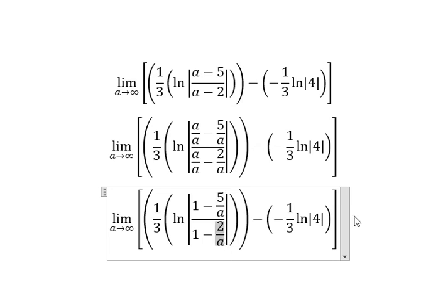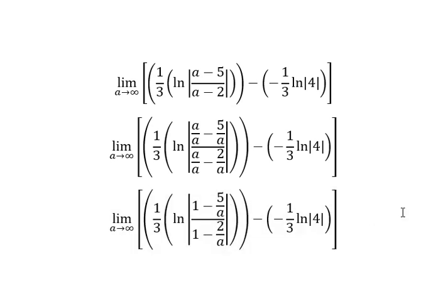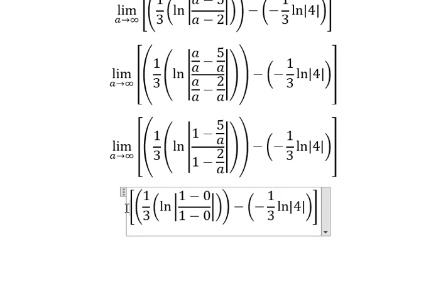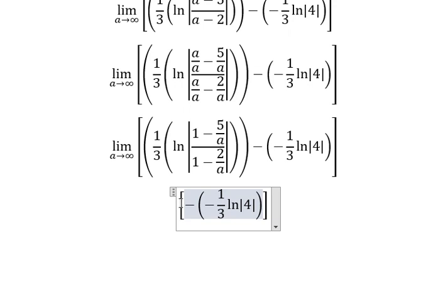Similar for this one. So ln 1 we got 0. So negative with negative we have positive.